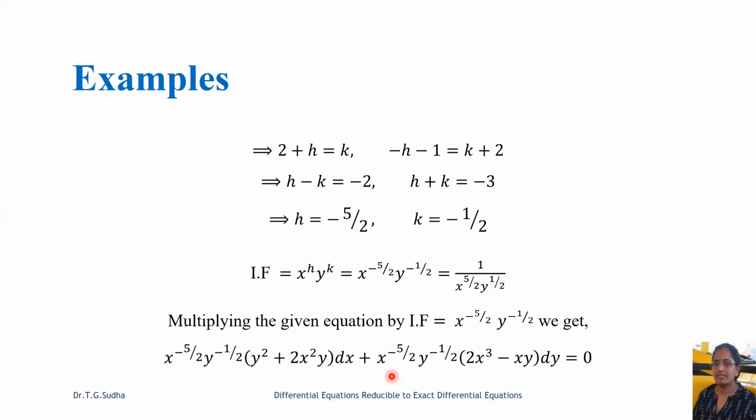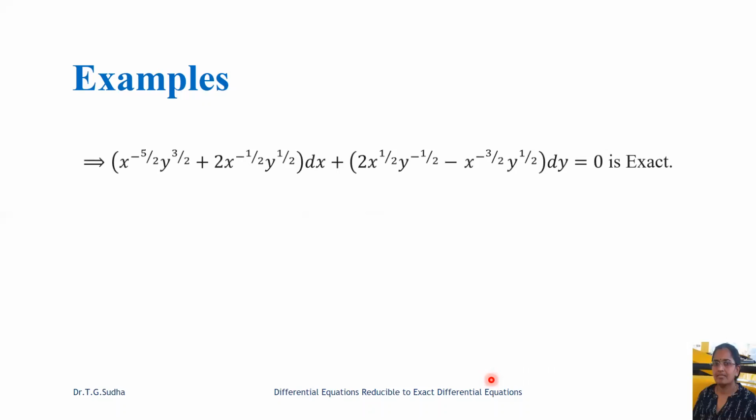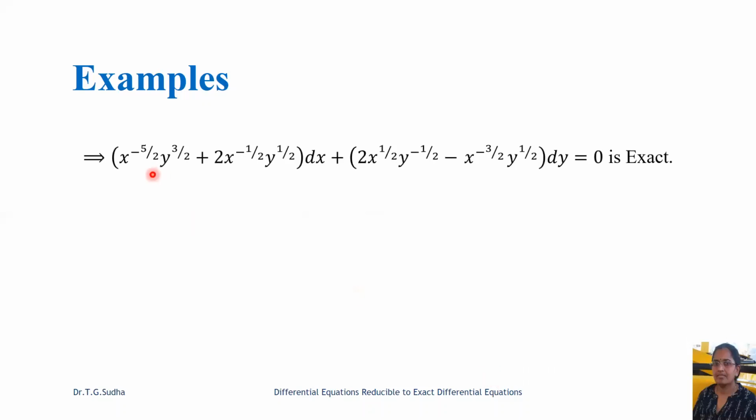Now let us multiply these two factors within the brackets, and even here we multiply within the brackets, and we obtain the equation of the form (x to the power of minus 5 by 2 into y to the power of 3 by 2 plus 2x to the power of minus half into y to the power of half) dx plus (2 into x to the power of half into y to the power of minus half minus x to the power of minus 3 by 2 into y to the power of half) dy equal to 0.